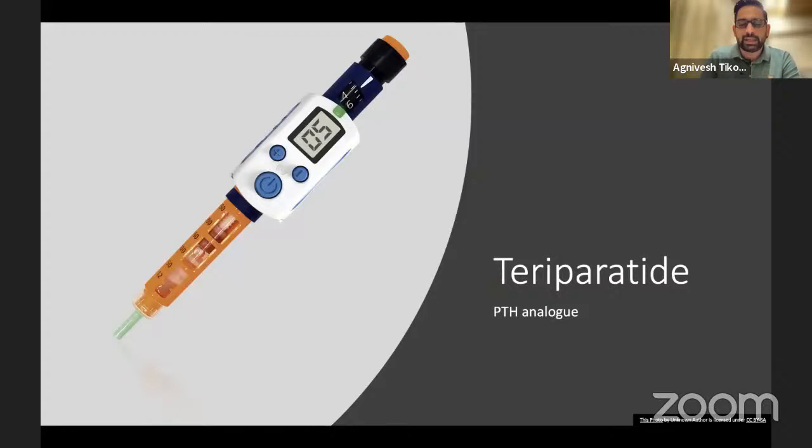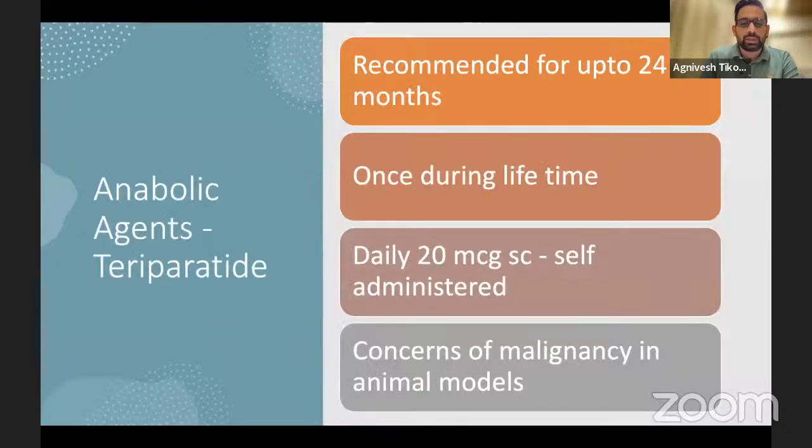So a pulse therapy of PTH stimulates osteoblasts and that leads to bone formation. It is recommended to be given for up to 24 months, used once during lifetime, as a daily 20 microgram self-administered dose.